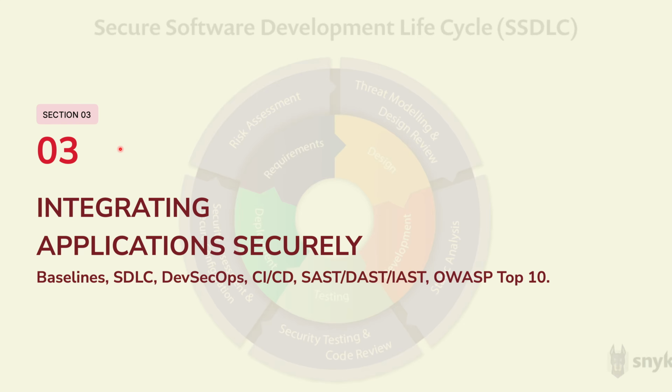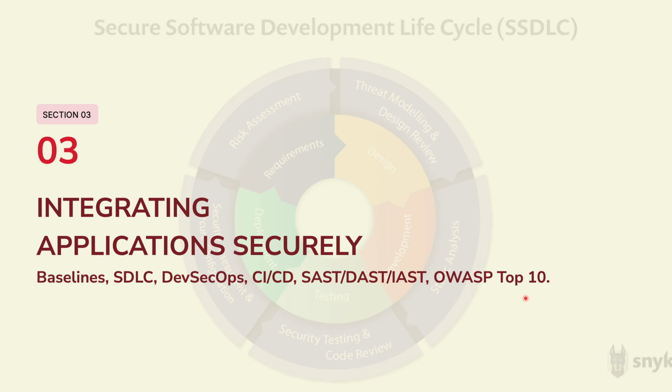The purpose of section 3 is that it covers secure application integration, including baseline, SDLC, DevSecOps, CI/CD, and different practices, including OWASP Top 10. The core principle is shift left. Security must be built into the development process from the earliest stages rather than tested in at the end.